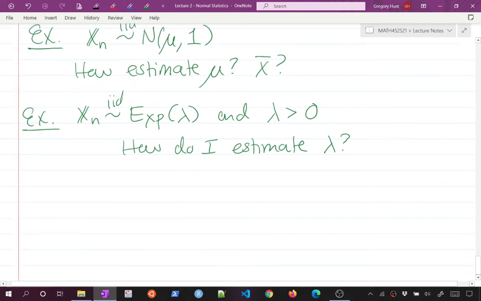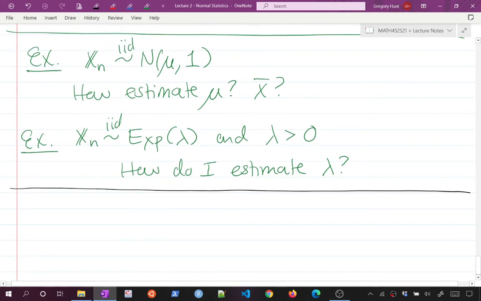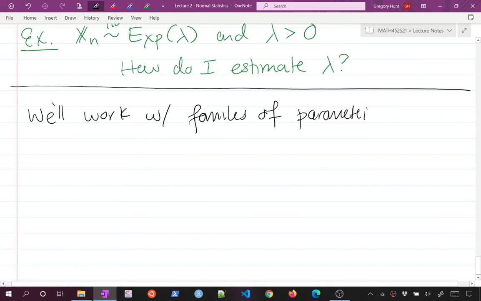What I want to finish off the lecture with today, what we're going to be working with in statistics is families of distributions. Let me write that down. We'll work with families of parameterized distributions.